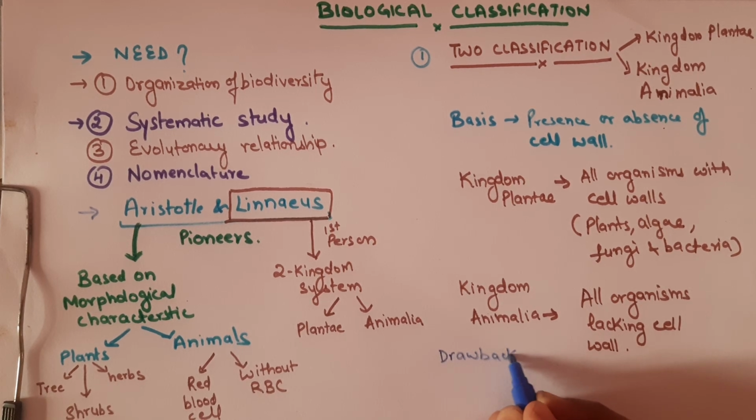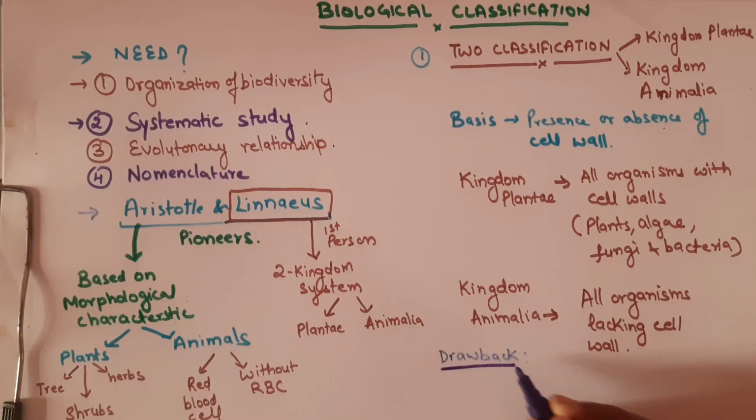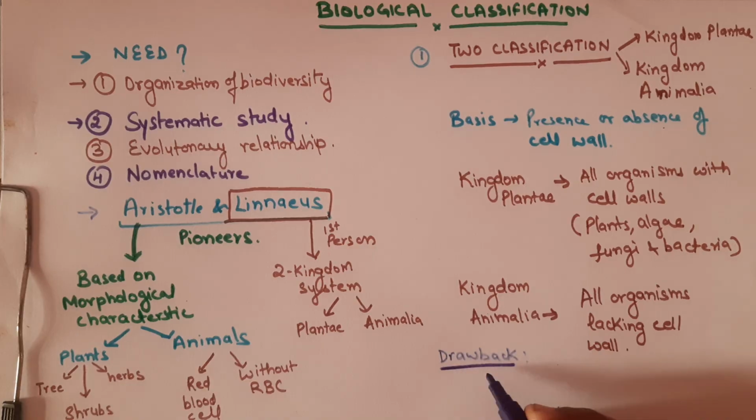So there are some drawbacks of the two kingdom classification. Let's discuss them one by one. The two kingdom system did not distinguish between eukaryotes and prokaryotes.